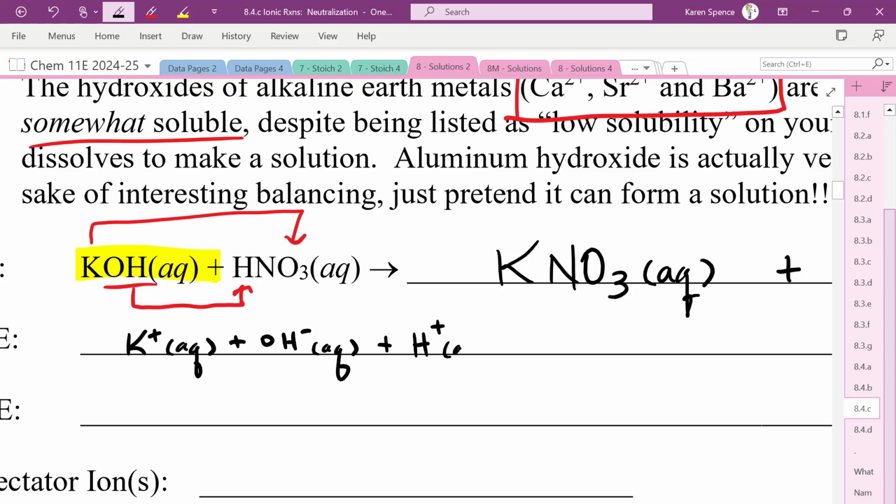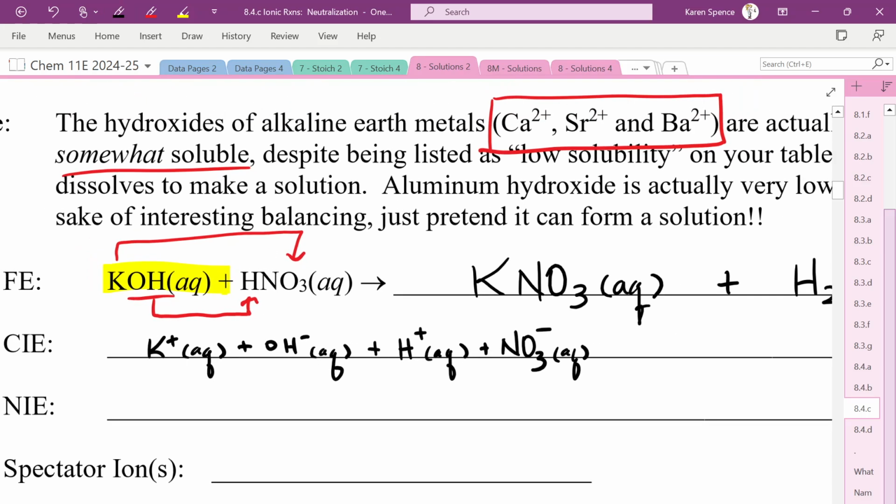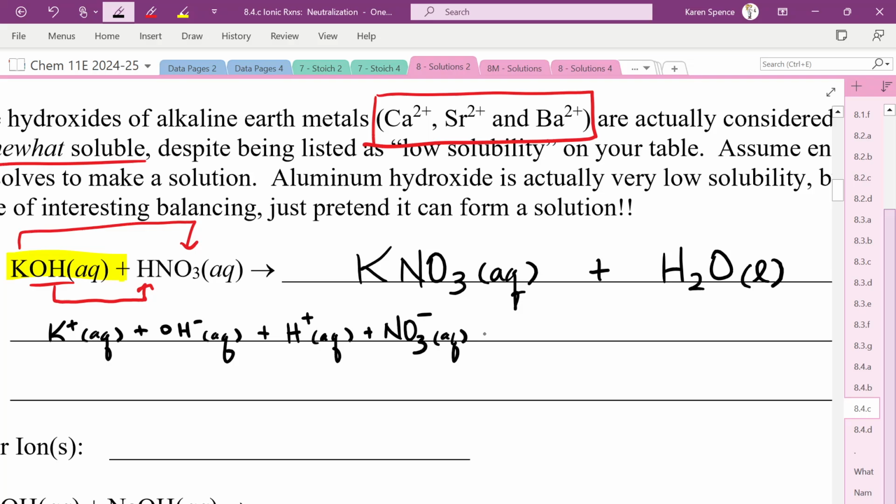H plus aqueous plus NO3 minus aqueous goes to, now we have an aqueous ionic compound, so that splits apart K plus aqueous plus NO3 minus aqueous.